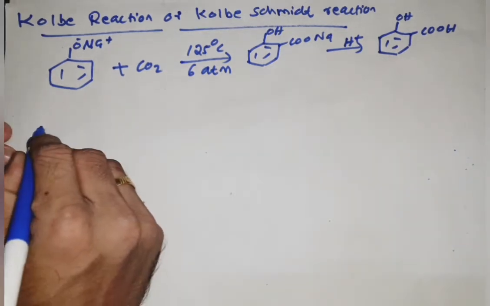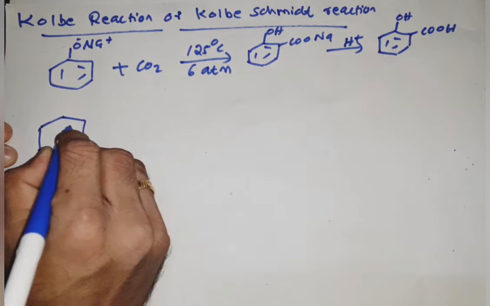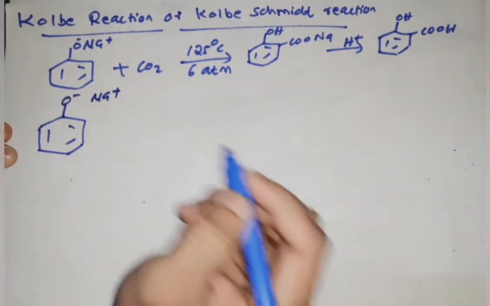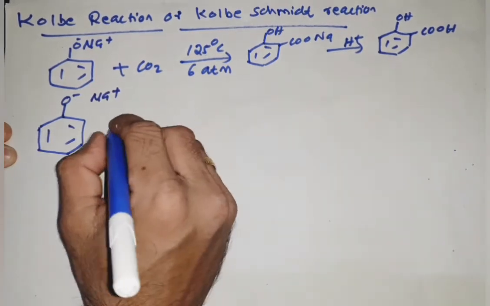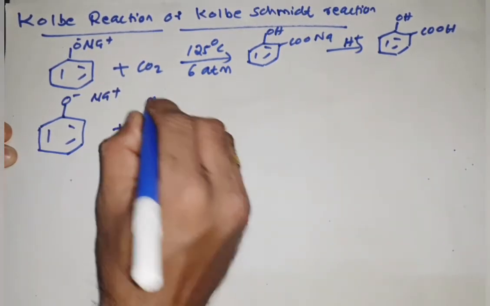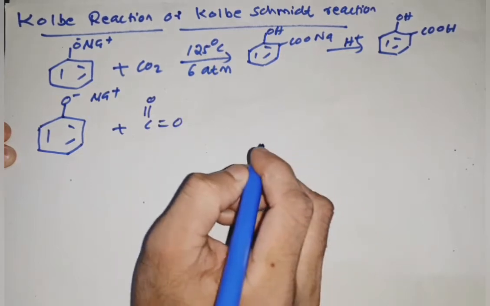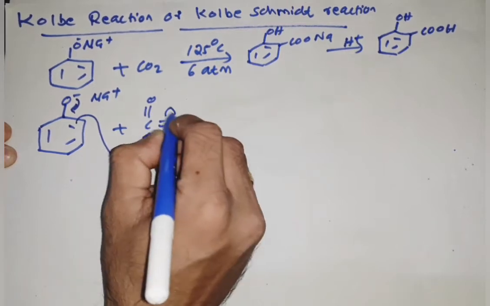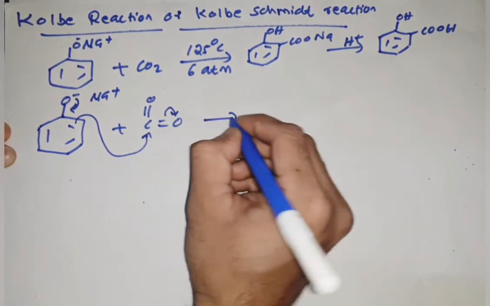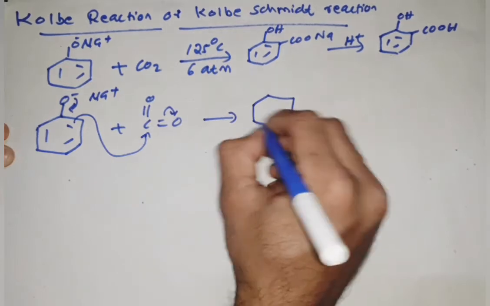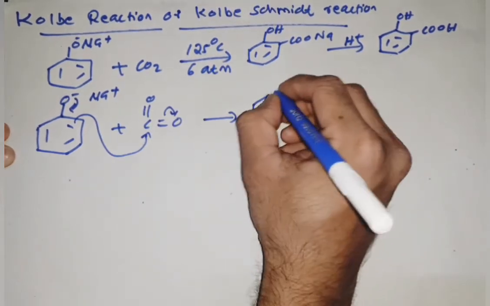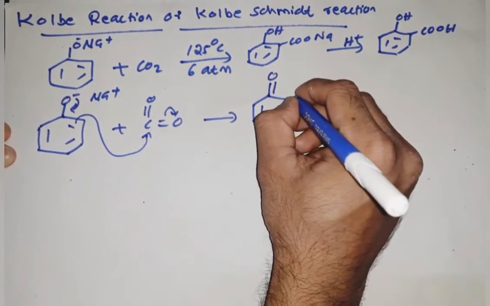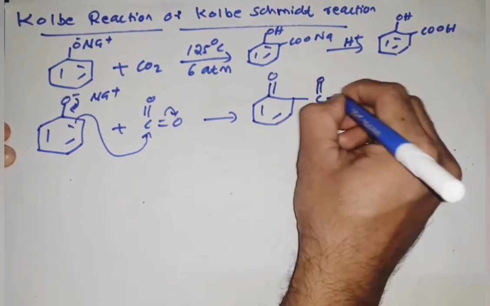Sodium phenoxide plus carbon dioxide. This shifted to here. You get C double bond O, C double bond O minus.